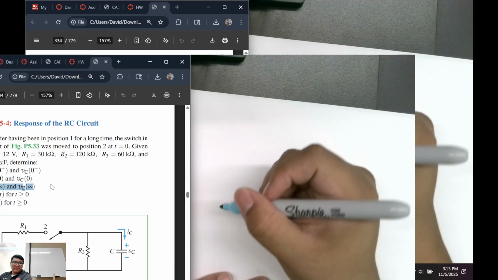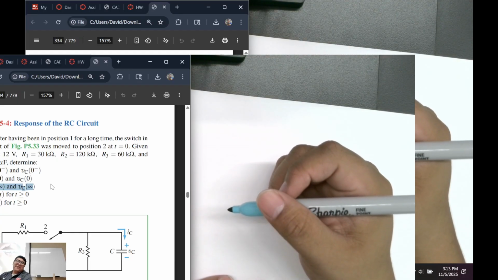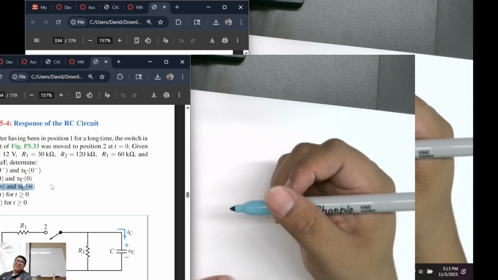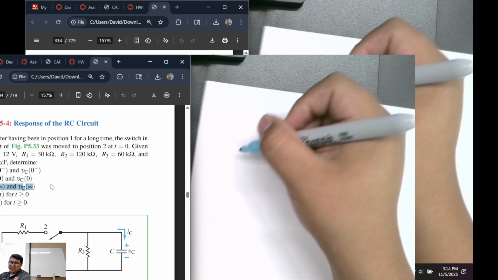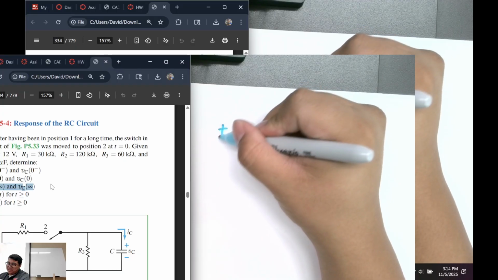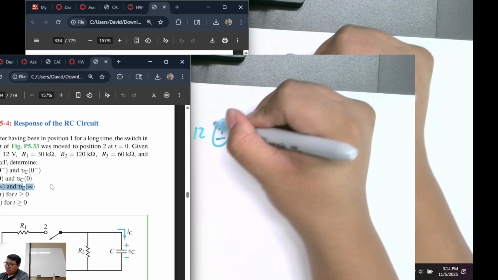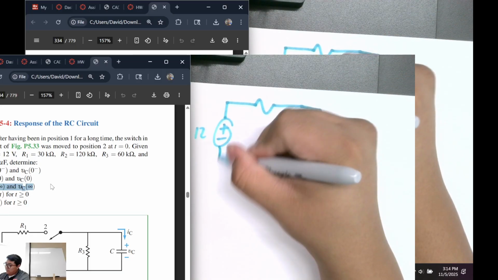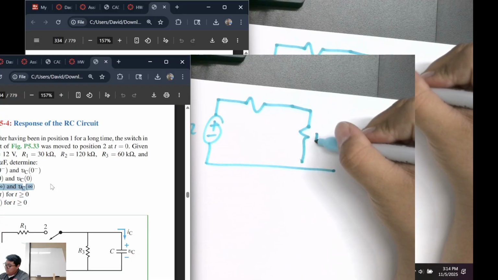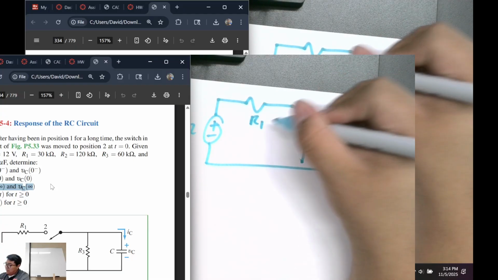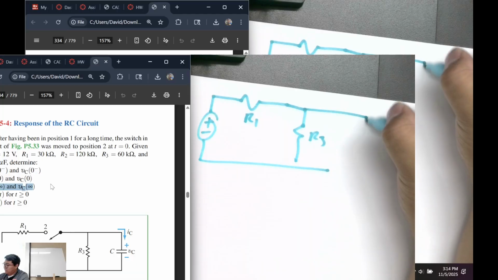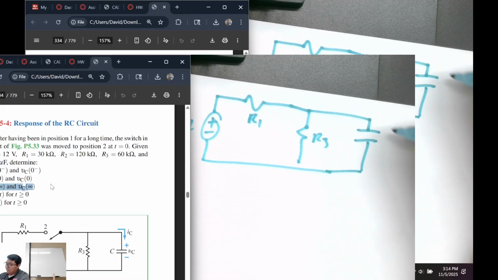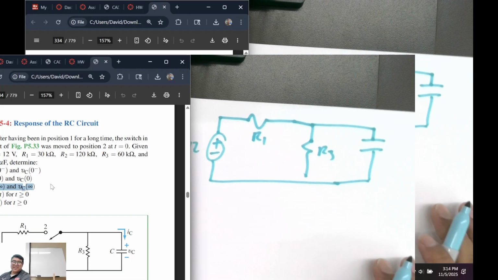We'll figure that out. The current after infinity time, all right? So can everyone agree that it's going to look like this, plus minus 12 volts, R1? Okay. Is that good with everybody?